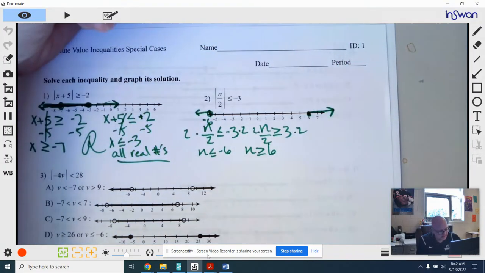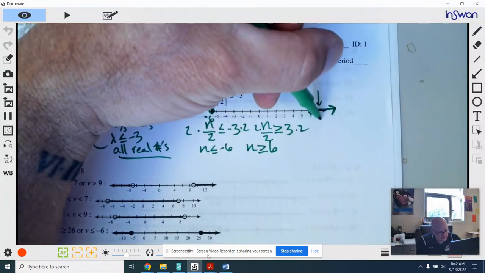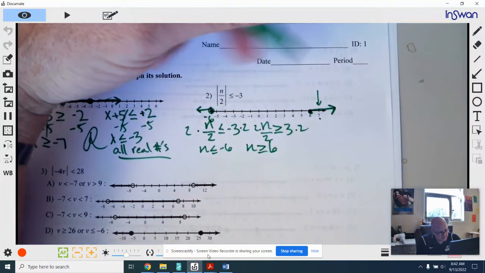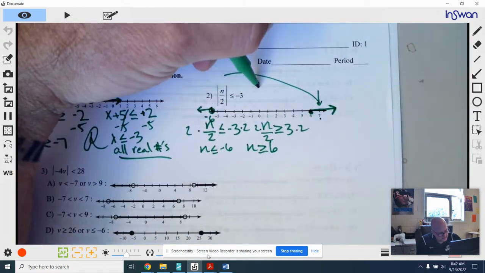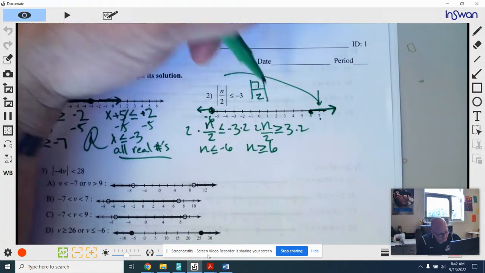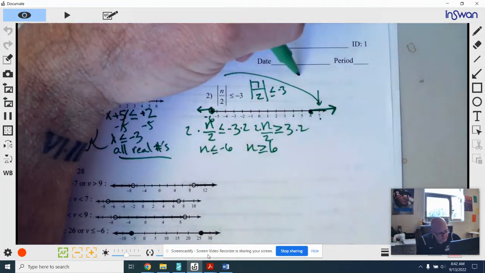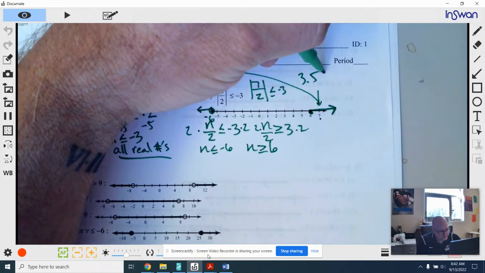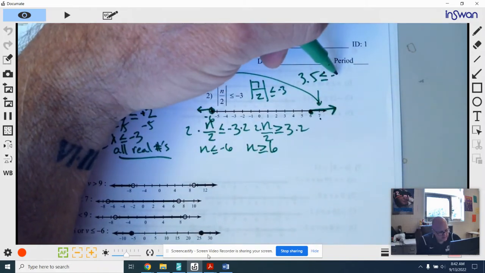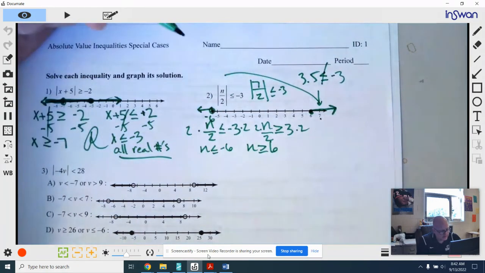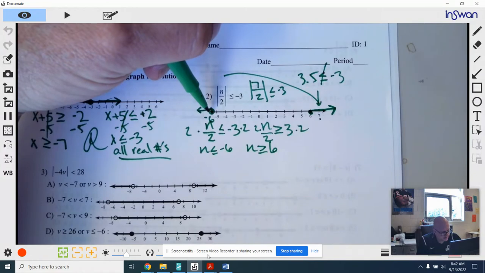Okay. Now, here's the problem. Let's say I choose a number like right here, 7, and I plug it back into the solution set. So I say the absolute value of 7 over 2 is less than or equal to negative 3. Well, 7 divided by 2 is 3.5, and the absolute value of 3.5 is not less than or equal to negative 3. So that doesn't work. Okay, let's say I pick a number out here.